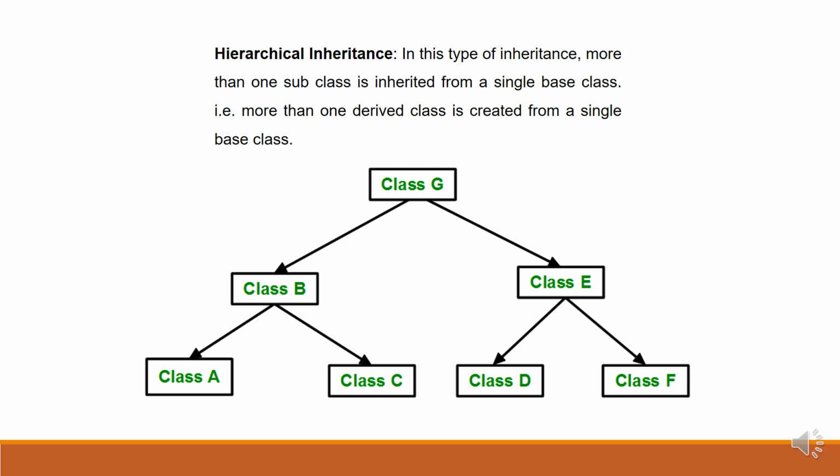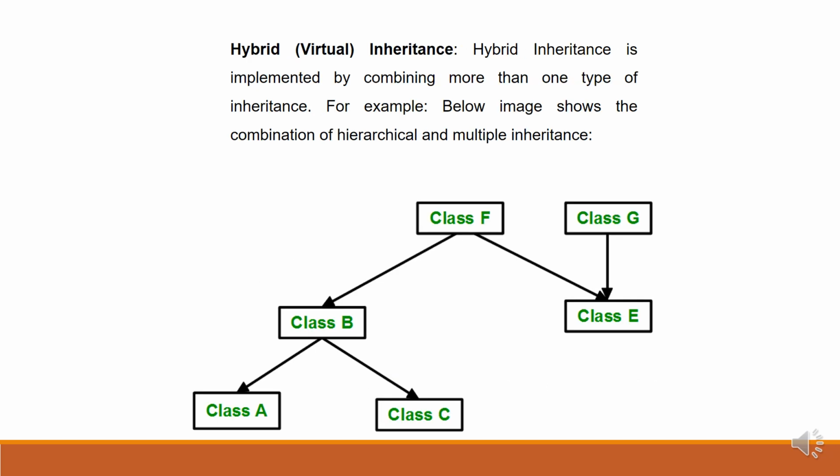As can be seen from the figure, classes B and E inherit from the single base class, class G. Classes A and C are derived classes of class B. Class D and class F are derived classes of class E. The last type of inheritance is hybrid or virtual inheritance that allows the combination of more than one type of inheritance.